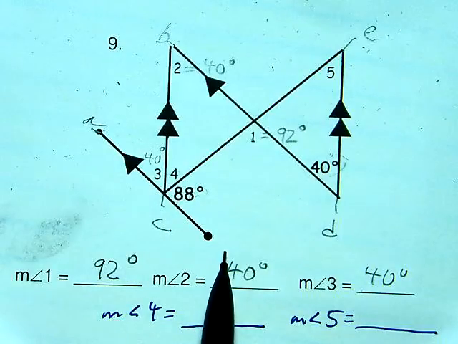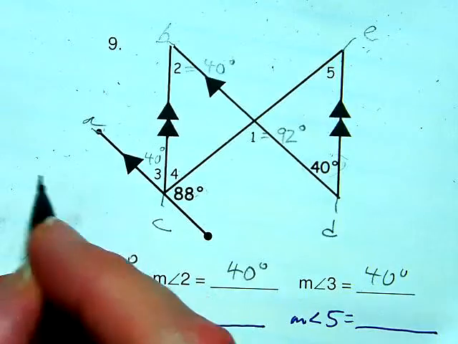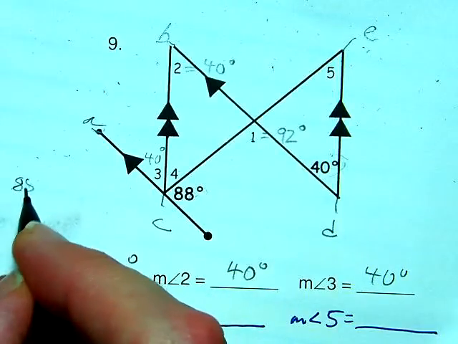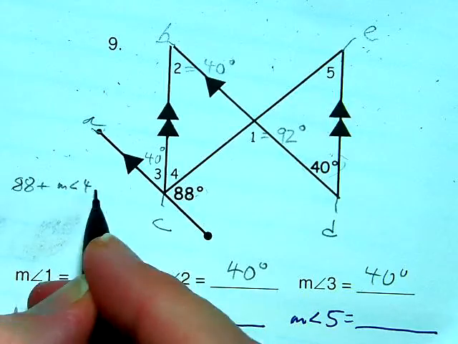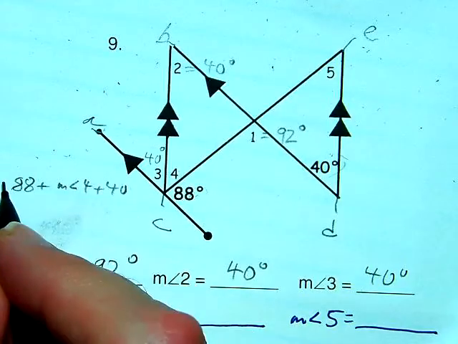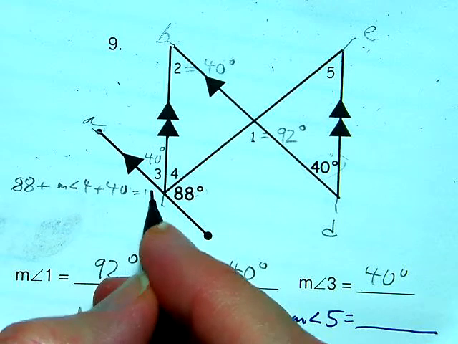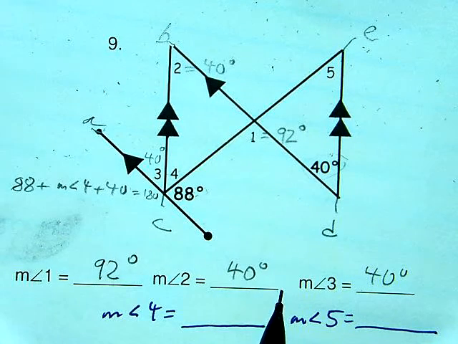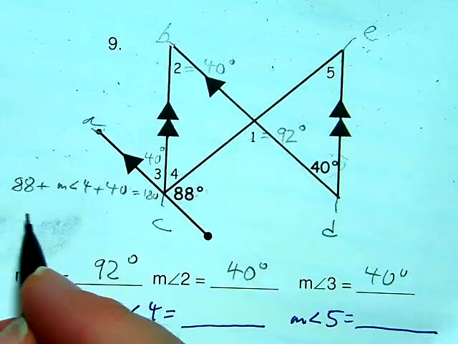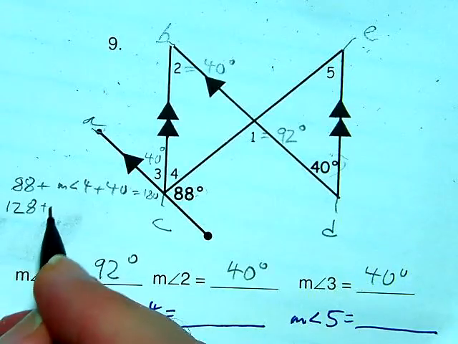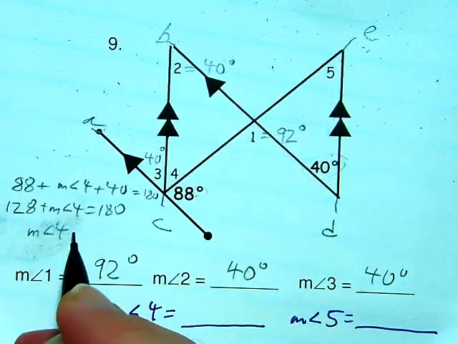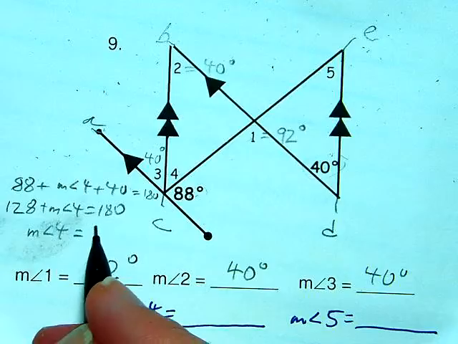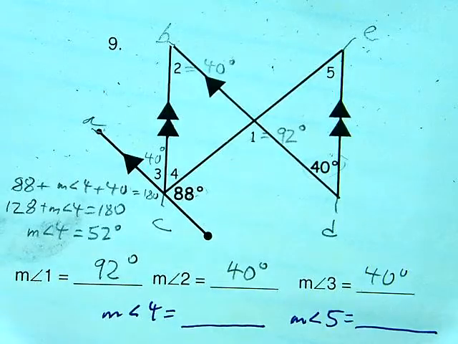So we've got ourselves a nice equality here that we can use. 88 degrees plus measure of angle 4 plus 40 degrees is all equal to 180 degrees. We can combine like terms. We get 128 plus measure of angle 4 equals 180, and that gives us measure of angle 4 equals 52 degrees. Okay, so we get measure of angle 4 is 52 degrees.